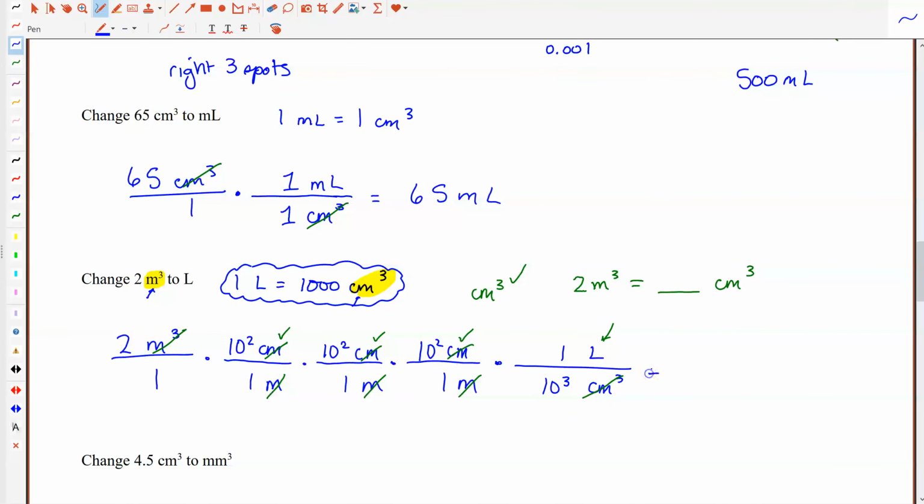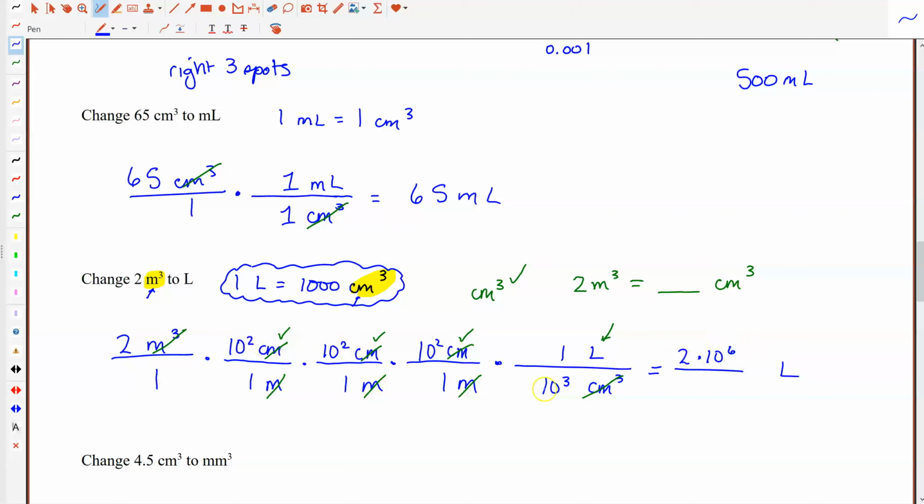All right, very good. That was a lot, just working with units and powers of 10. So let's actually figure out what number I get right here. So I know my final answer is going to be in terms of liters. Looking at the calculations, what do I have? I have upstairs 2 times 10 squared times 10 squared times 10 squared. Do we remember what we need to do with those exponents on the tens? In order to put them together, we're going to add them, yes, all right? So this ultimately gives me 2 times 10 to the 6th power upstairs.